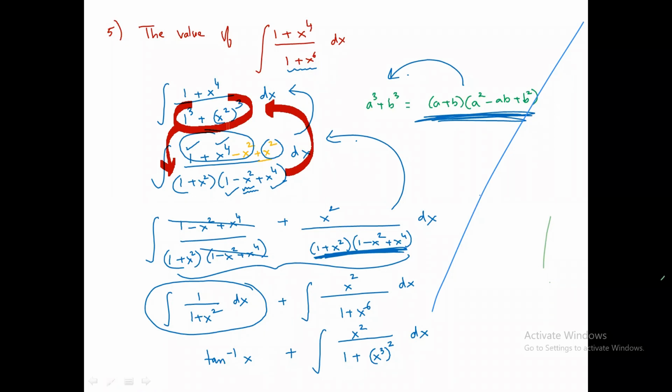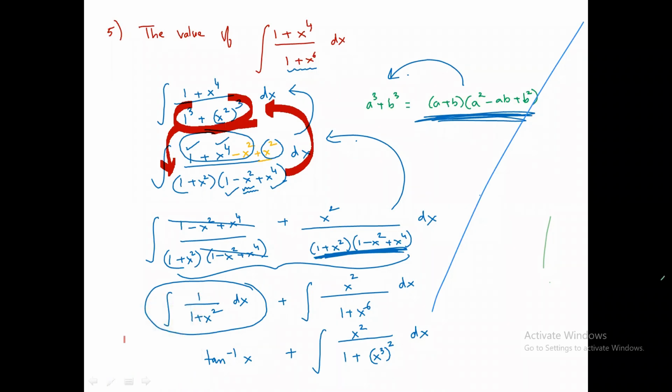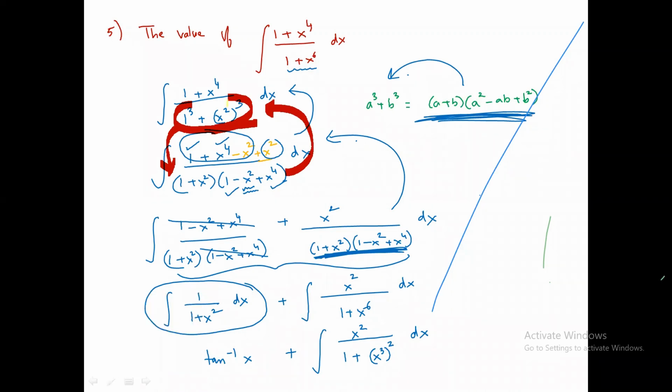Last time I wrote x square cube, but now I'm writing x cube square. Conveniently, we have to use. Why? Because I have to make the integral easy.